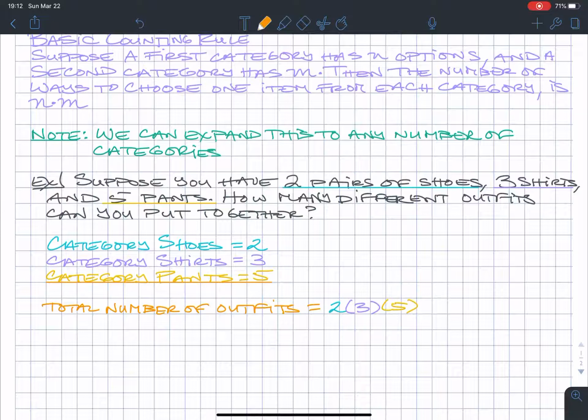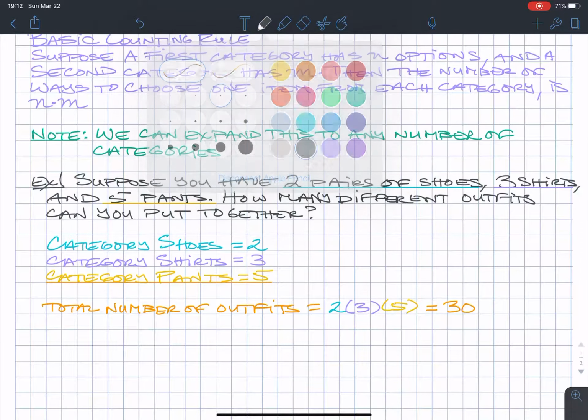Okay, so 2 times 3 is 6, and 6 times 5 is 30. So I claim that there's 30 different outfits from just 2 pairs of shoes, 3 shirts, and 5 pants. That's a whole month of different outfits. That's pretty good.